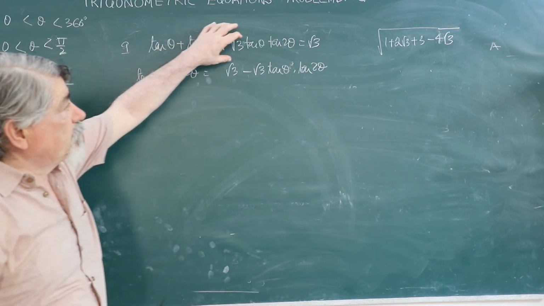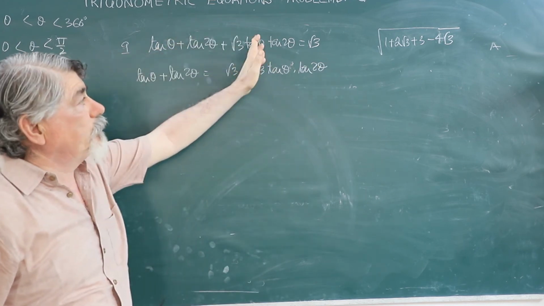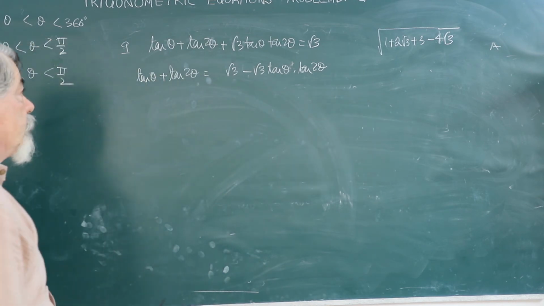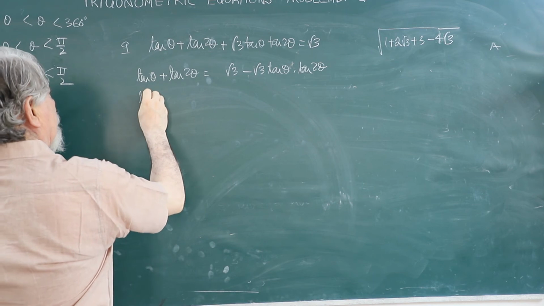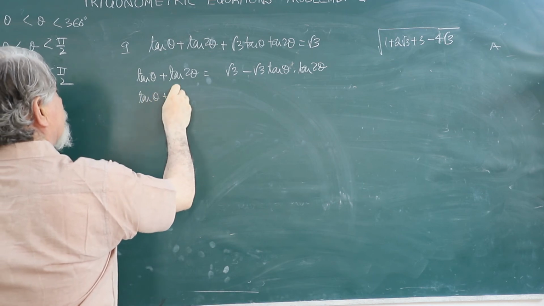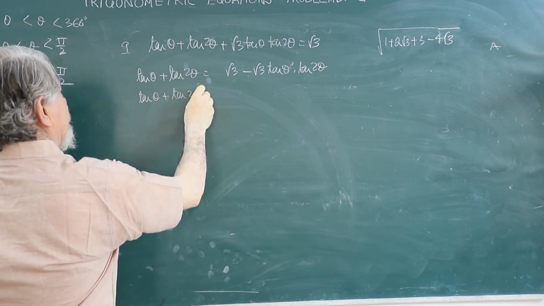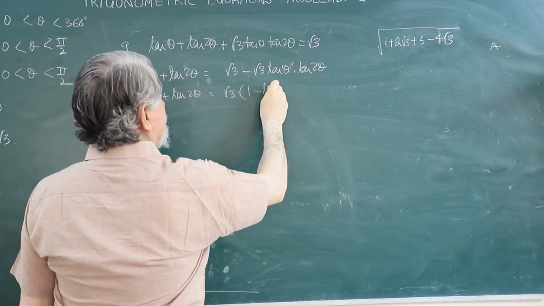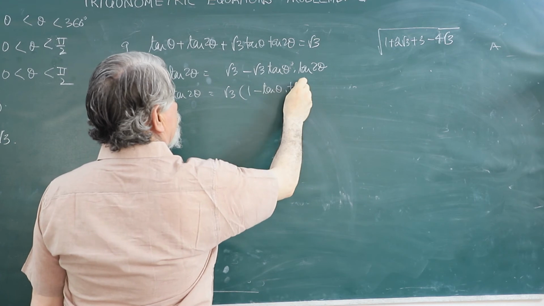I've transferred this root 3 tan theta tan 2 theta to the right hand side, and then I will be able to take root 3 common. Let's take root 3 common and see what is left. I take root 3 common, it will be left 1 minus tan theta tan 2 theta.